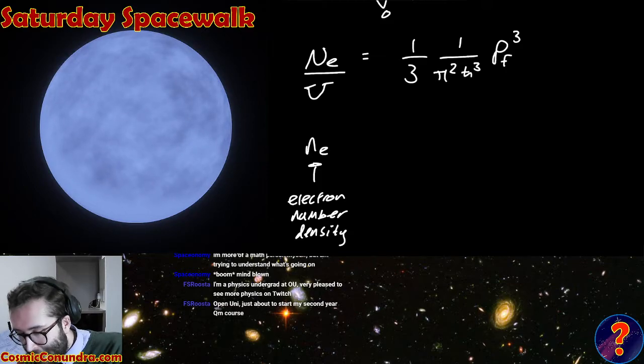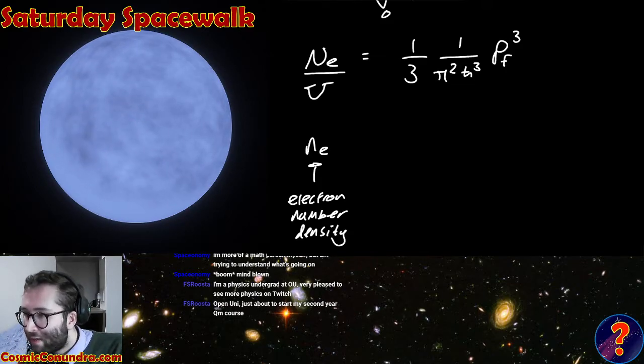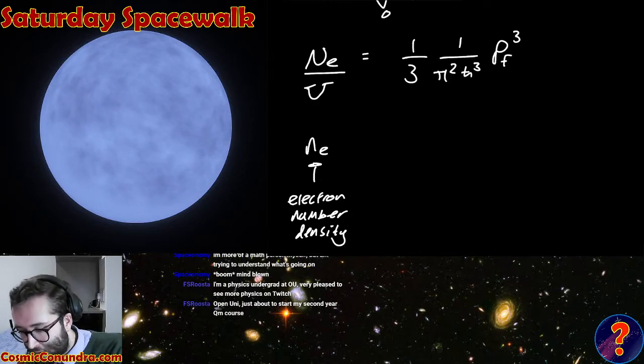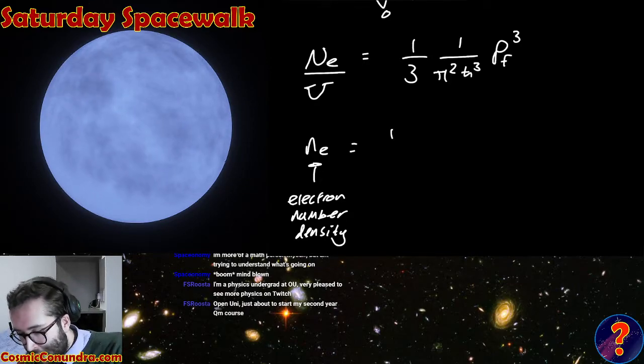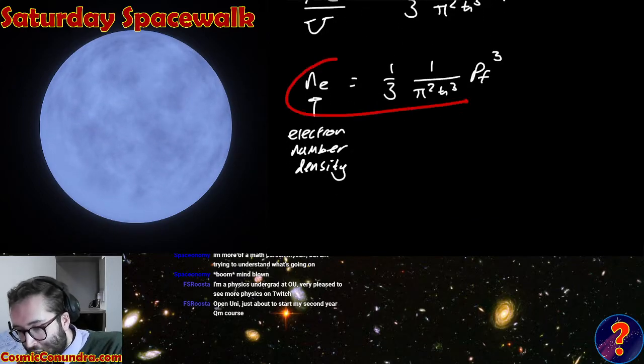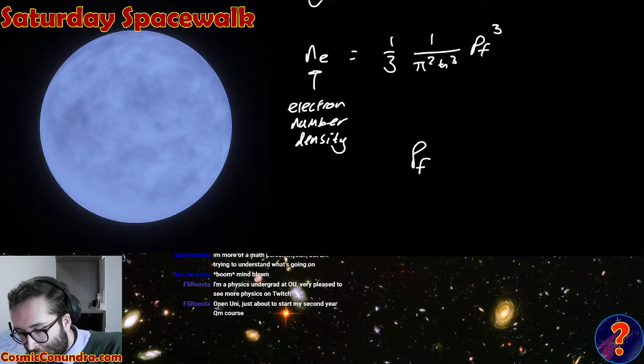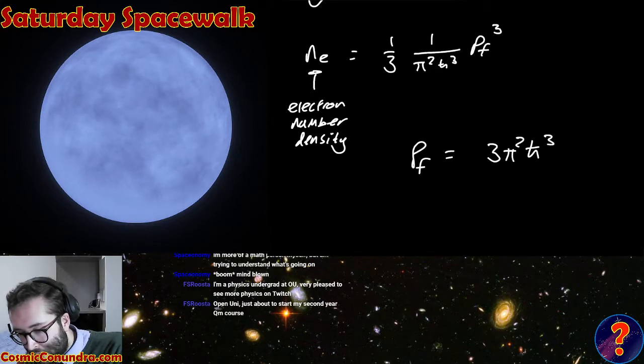That is the number of electrons that you can fit into a meter cubed, or rather the number of electrons you'll find for every meter cubed of volume. Okay, and this is equal to the same expression as above. Now we can invert this expression to find the Fermi momentum, which is what we'll do. So the expression looks like this.